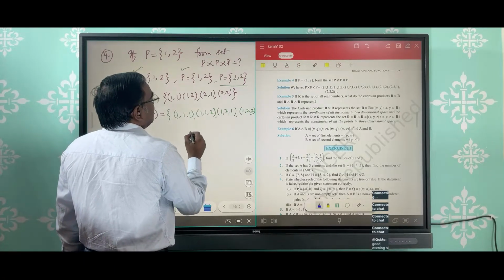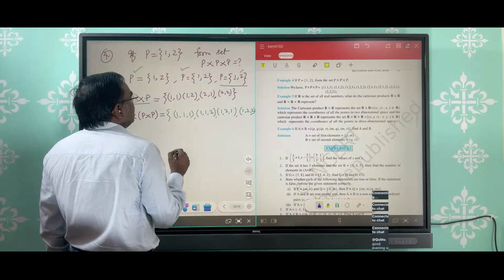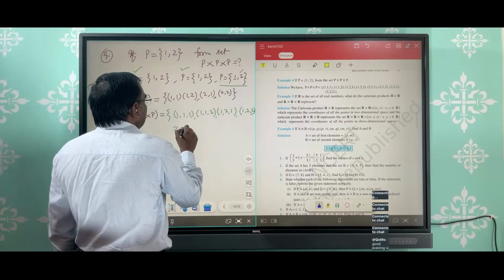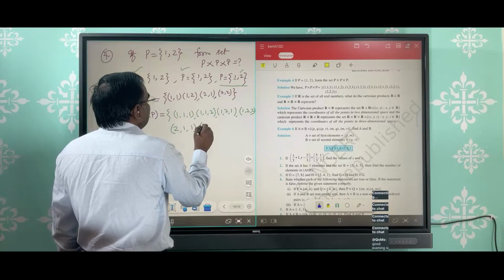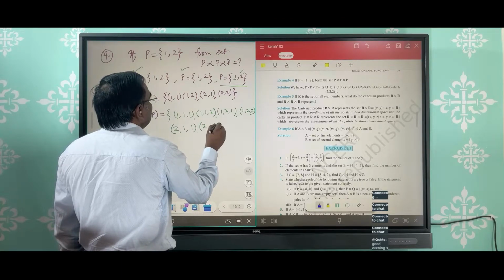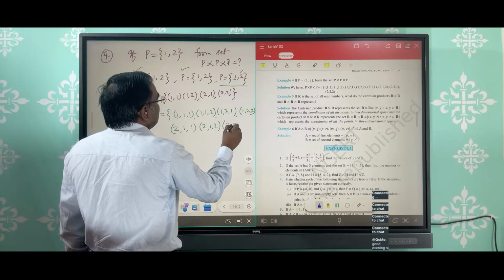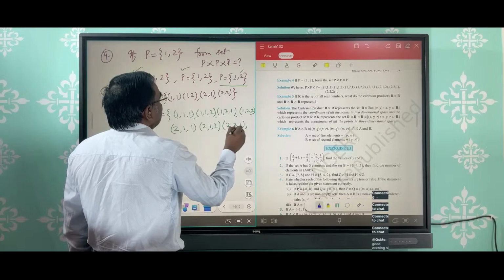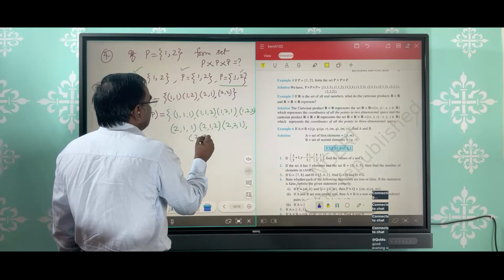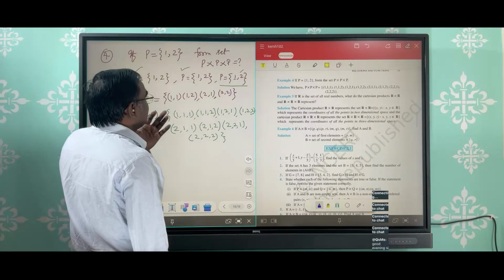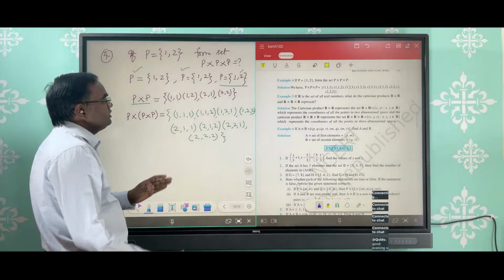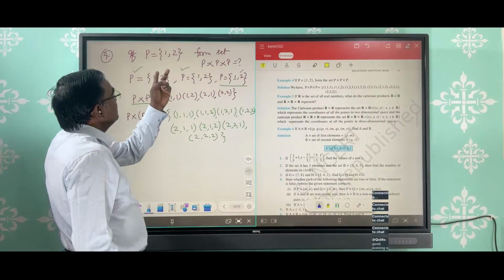Now take the second element. 2 1 1, 2 1 2, 2 2 1, and 2 2 2. So you can firstly verify whether the number of elements comes as 2 into 2 into 2.